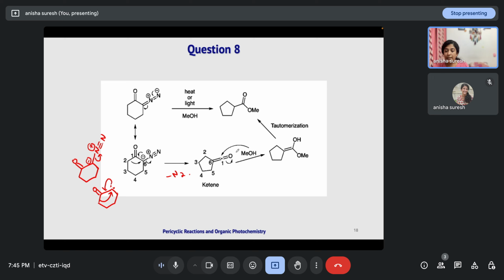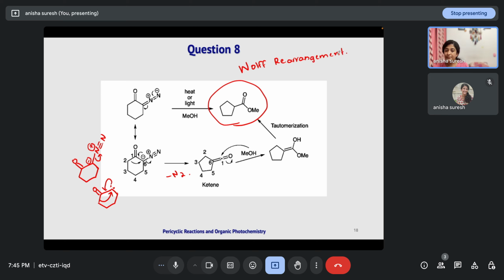Now what will happen? The methanol will add on to this carbonyl carbon leading to formation of this species which can undergo tautomerization resulting in the formation of ester. So this reaction is Wolff rearrangement.